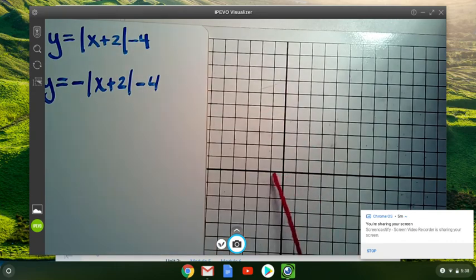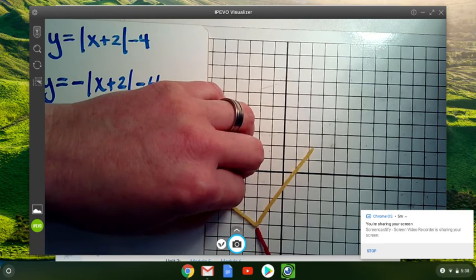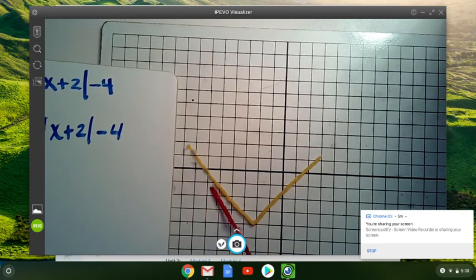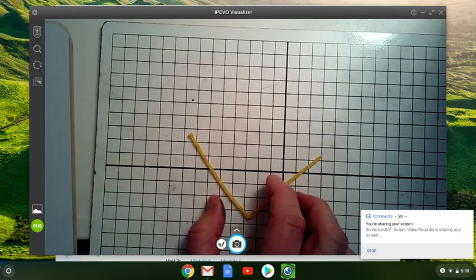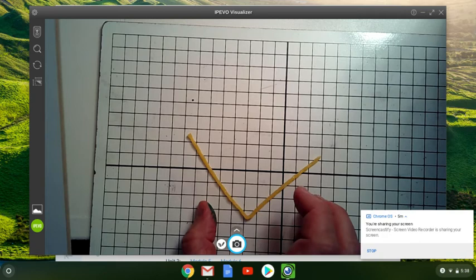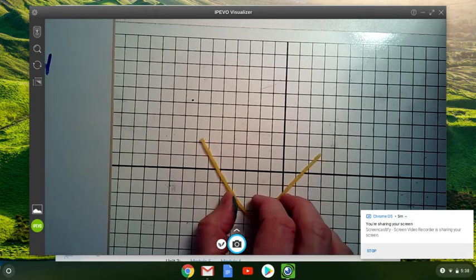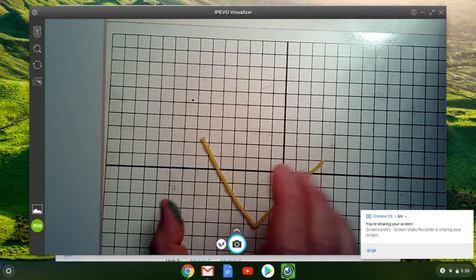So 1, 2, 1, 2, 3, 4. There's our vertex. So let's put our graph on there. Negative 2, negative 4. There we go, pretty close. There's our graph of the absolute value function.